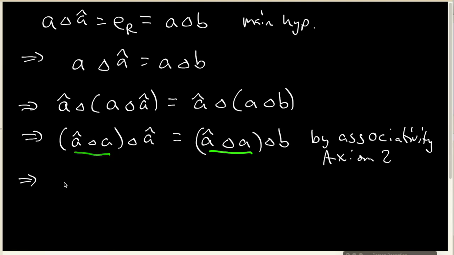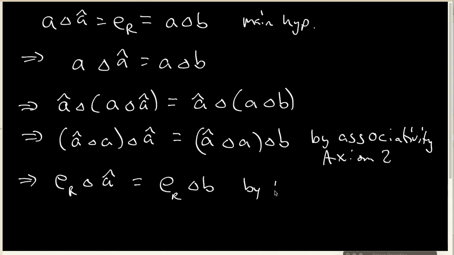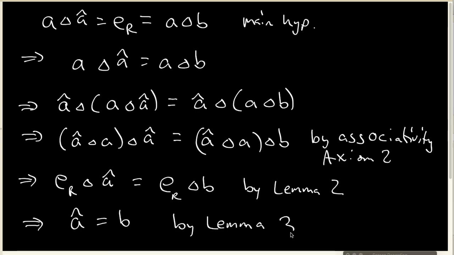So that equation now becomes ER triangled with A hat is equal to ER triangled with B. That is by lemma 2. Of course, our right identity element is also a left identity element by lemma 3, and so this equation can now be rewritten as A hat is equal to B by lemma 3.